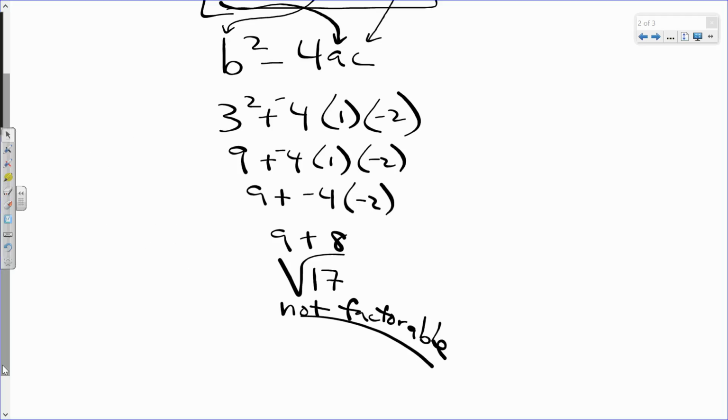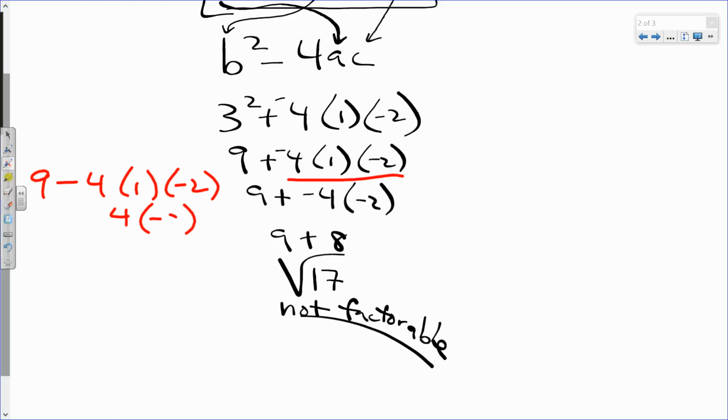The reason why I like to do that is because when you multiply, you want to make sure you multiply by negative 4. If you just have a subtraction in front of the 4, there's a tendency in students to just say 4 minus 1.